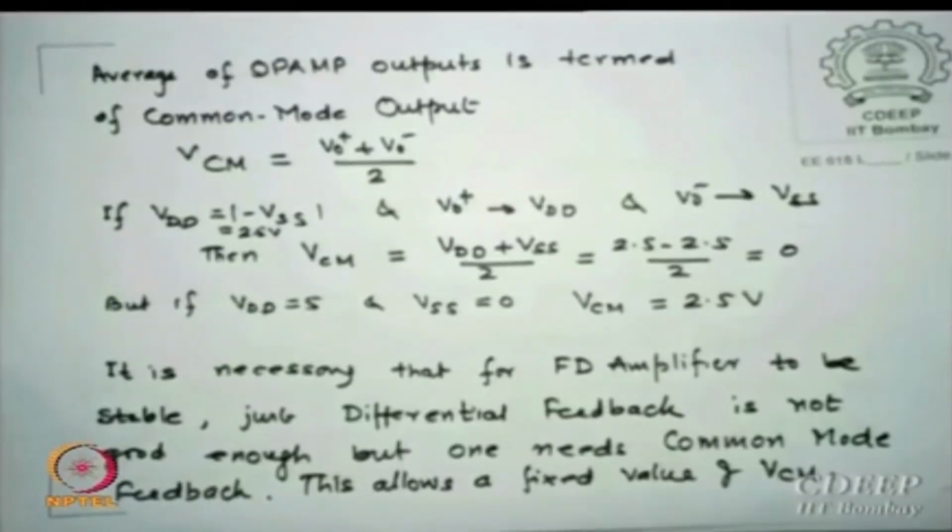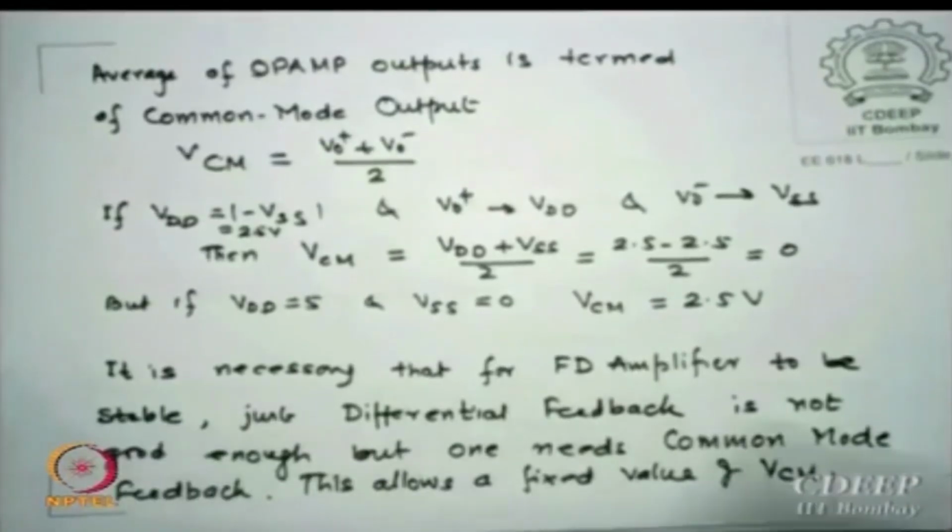But let us take a single supply op-amp in which VDD is 5 volt and VSS is 0, in which case VCM is 2.5. I can actually decide to have any of the VCM values between VDD and VSS of my choice, which I can fix.